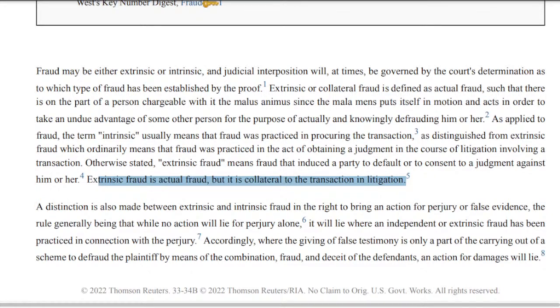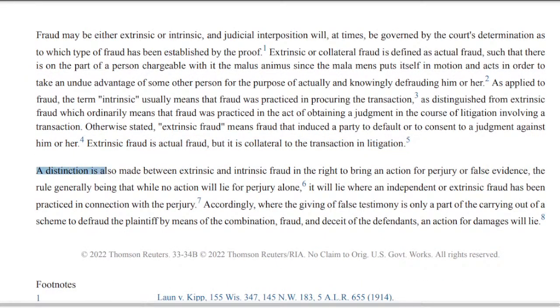So there we go. A distinction is also made between extrinsic and intrinsic fraud in the right to bring an action for perjury or false evidence. The rule generally being that while no action will lie for perjury alone, it will lie where an independent or extrinsic fraud has been practiced in connection with the perjury.